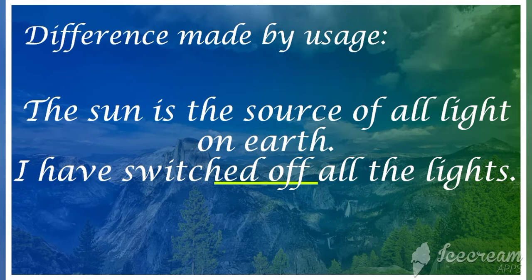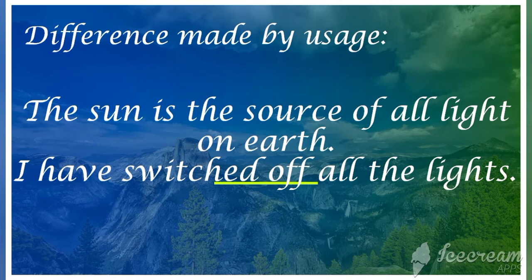In the second sentence, I have switched off all the lights. Can we switch off every light from the earth? No, right? Here the word lights is given as a plural, L-I-G-H-T-S, and it can be countable. So what does the word light mean in the second sentence, and what is the word light in the first sentence?